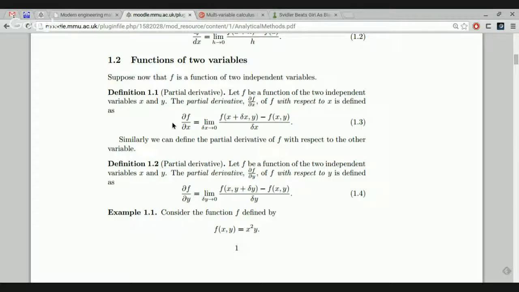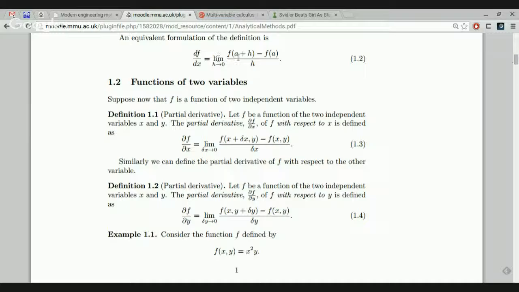Now, again, it has a definition using limits, and it looks very similar to the one variable case. But because there's two variables there, there's something slightly different going on. So again, we look at a limit of the function. So this version of the definition is like the 1.2. Okay, so we're dealing with an offset, and we're letting, in 1.2 it was h, letting that offset approach 0.